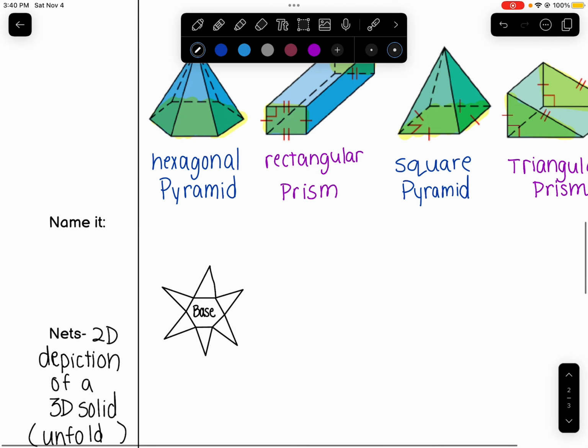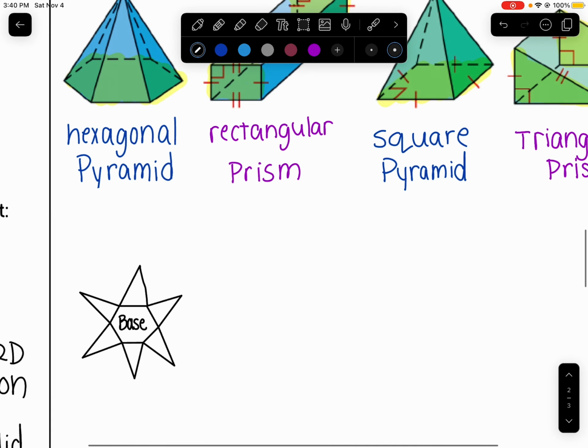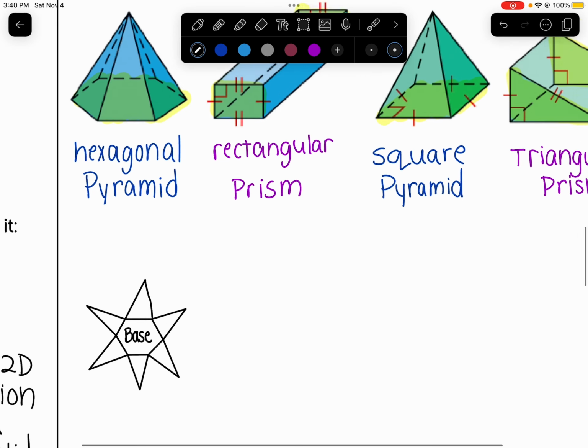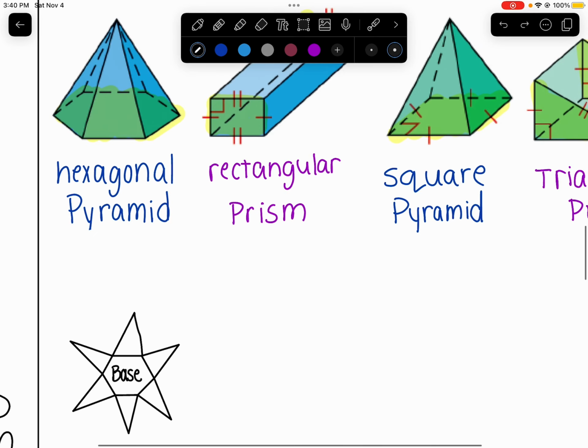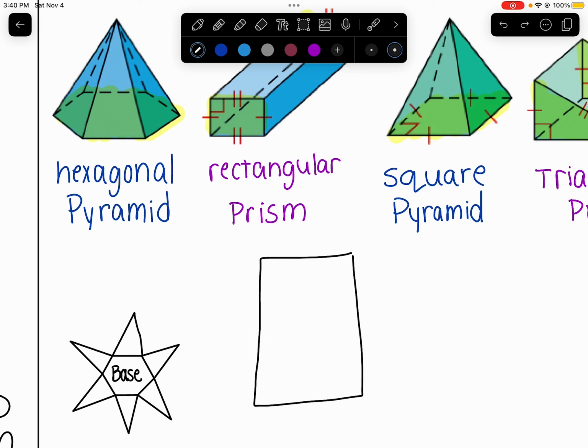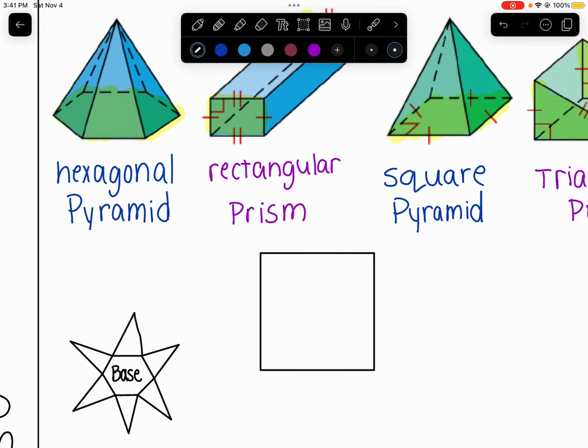And so what would a rectangular prism look like if we were to unfold it? Well, this one above has some long, skinny rectangles. So we're going to draw 4 long, skinny rectangles. I'm going to cheat and use technology to help me. You use a straight edge or just do the best that you can.